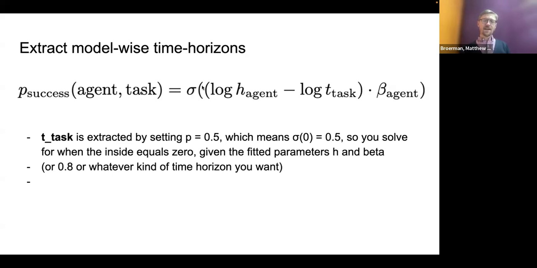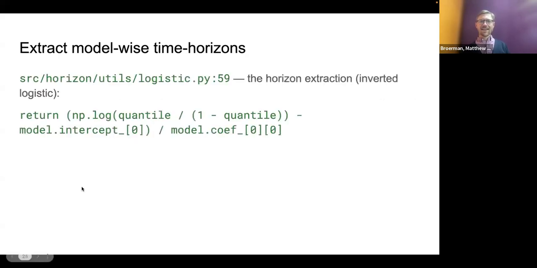So this interior would be set to zero, and you would solve given the fitted parameters. You could do this also for 0.8 or what have you. Okay. All right. So now you have the code lines. It turns out that they do a slightly different parameterization, but this is a simple way of calculating it.